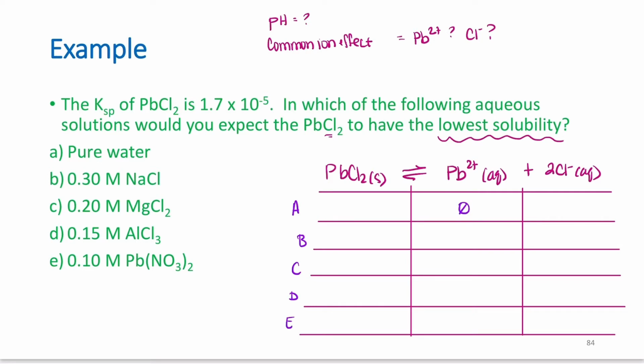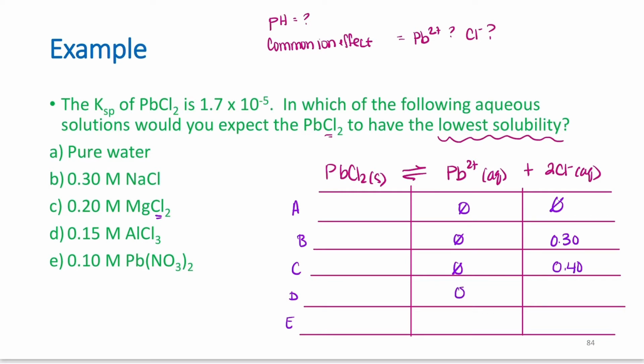No lead, no chloride. B doesn't have any lead in it, but it has 0.3 molar NaCl, which is the same as 0.3 molar chloride. C doesn't have any lead in it, but it's got 0.2 molar magnesium chloride, which is 0.4 molar chloride ions, because remember, 2 chloride ions to every 1 magnesium chloride.